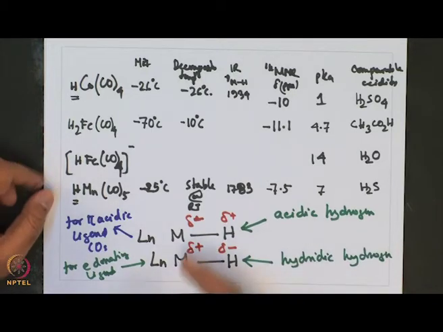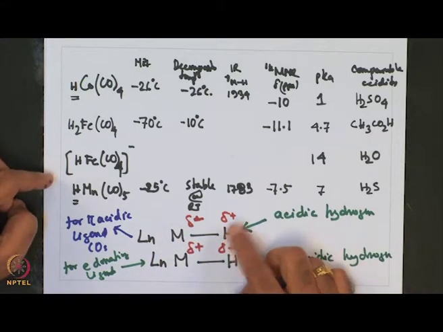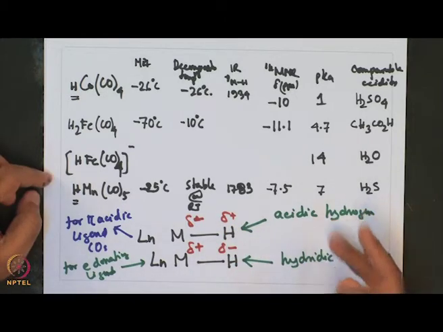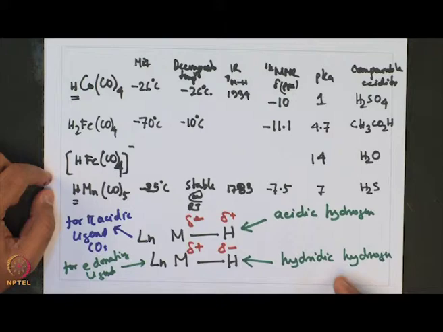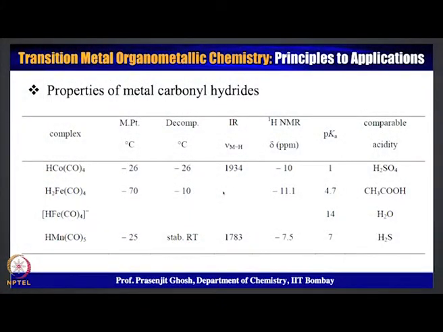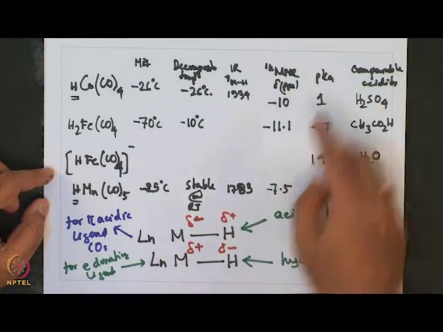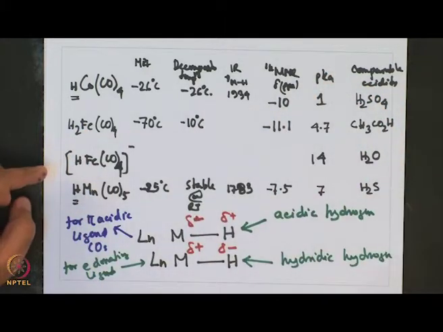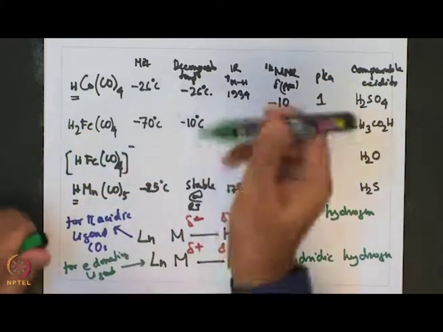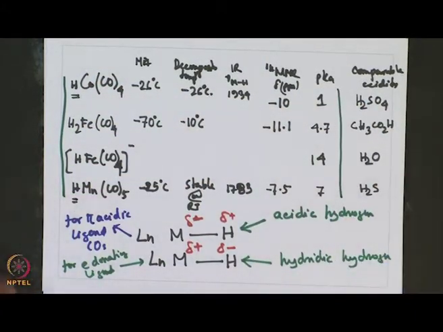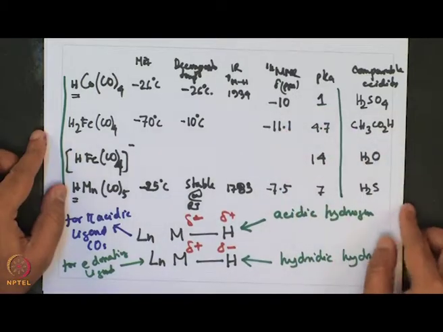And as a consequence of the metal and the ligand it is bound by, the hydrogen can have a character which is highly acidic to something which is highly basic or hydridic in nature, and a large variation of this acidic character of hydrogen is shown in these 4 complexes that have been discussed in the beginning of this table.